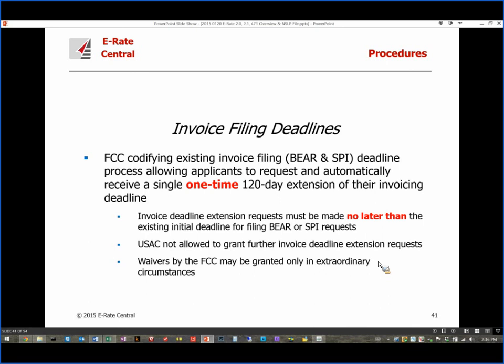And from here on out, only one extension will be permitted. Anything beyond that will have to go to the FCC to be granted, and they basically said they'll only grant extraordinary circumstances. The bottom line here is the FCC does not like the fact that we have all this money tied up year after year because people are extending their invoices.